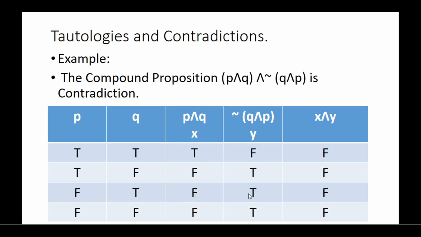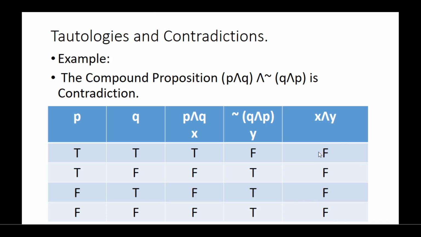Its negation is true. But the conjunction of X and Y is a false statement. If P is false, Q is false, then the conjunction of P and Q is false, and its negation is true. The conjunction of false and true is false. So in all cases, it is a false statement.